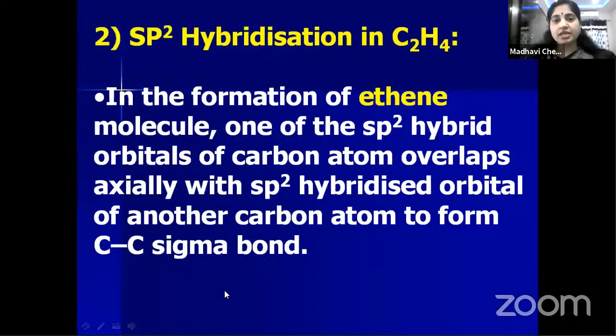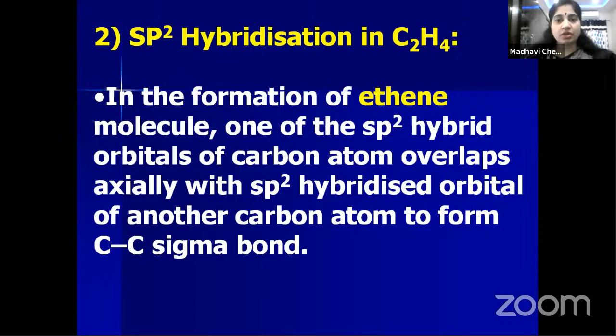Next, coming to sp2 hybridization in the ethene molecule, C2H4. So sp3 hybridization in ethane and sp2 hybridization in ethene. Here, between carbon and carbon there will be a double bond.